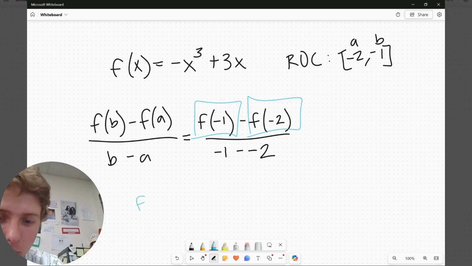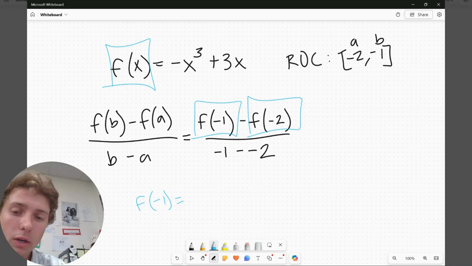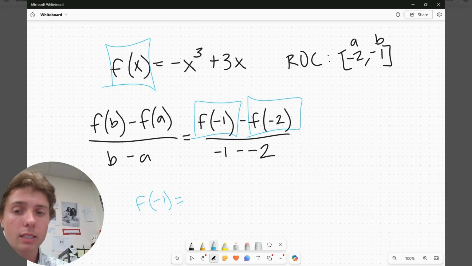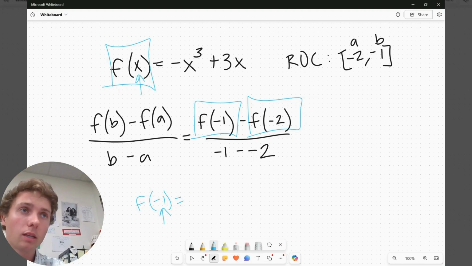f of negative 1. Well, realize we have this equation f that we were given originally, f of x. And notice the only thing that changes between f of x and f of negative 1 is what is inside the parentheses. Originally, there was an x inside the parentheses, but now that x changes to negative 1.